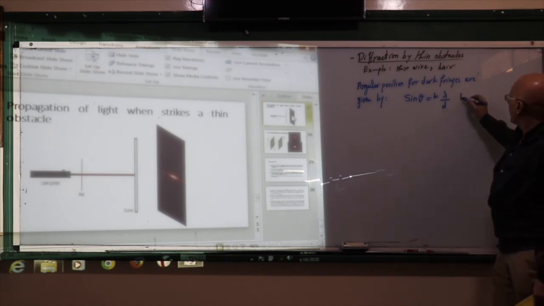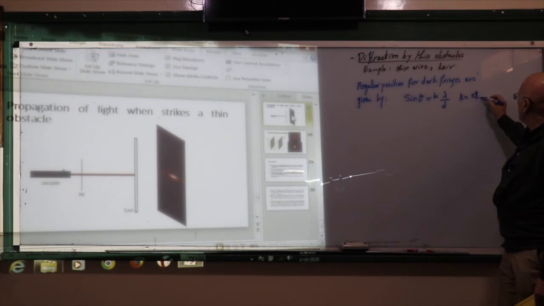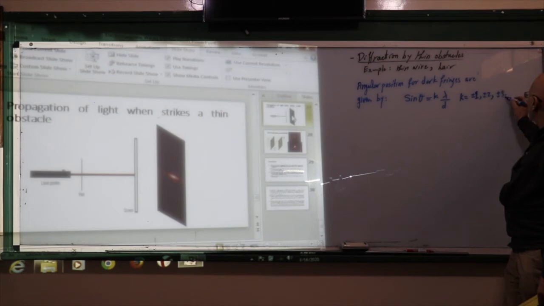And also k here is plus minus 1, plus minus 2, plus minus 3, etc., or k belongs to Z star.